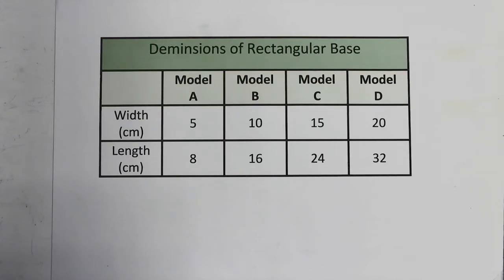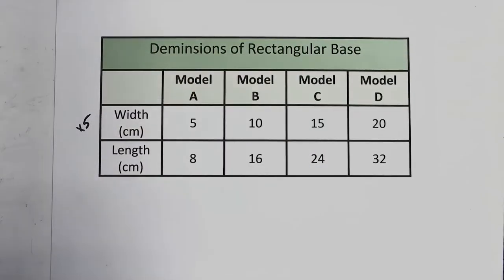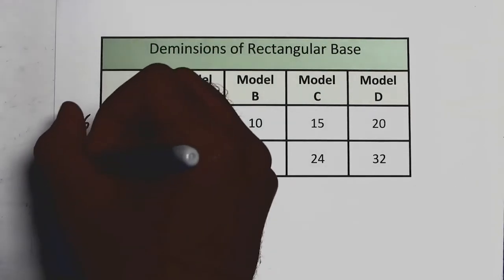So let me mark that. All of these are multiplied by 5. Good job. What pattern do you notice about the length? Yes, correct. All of the lengths are multiples of 8.